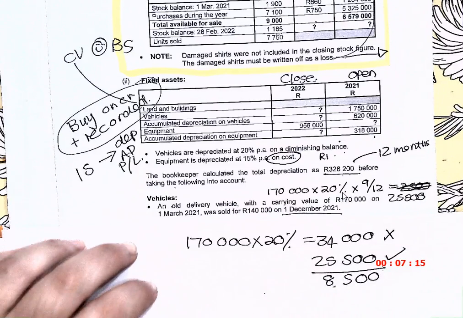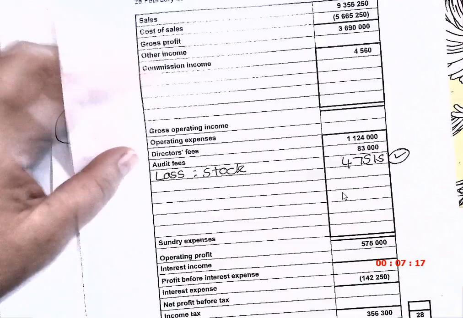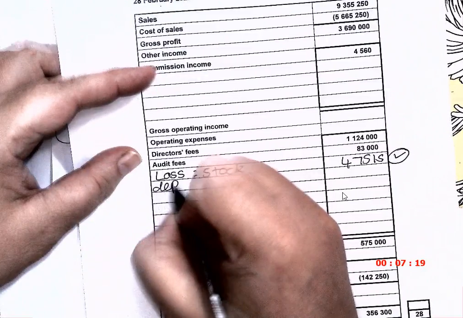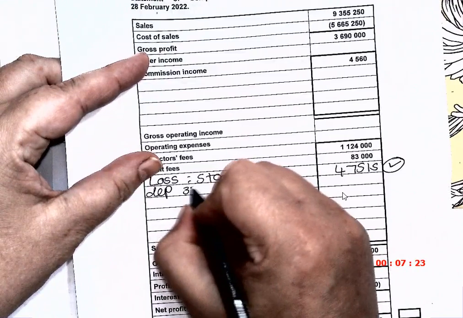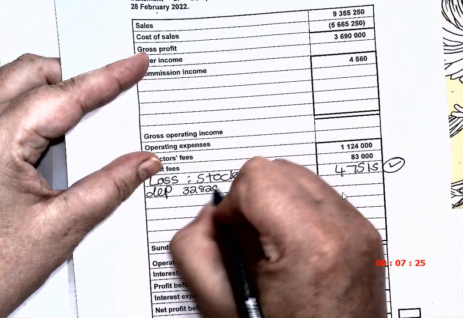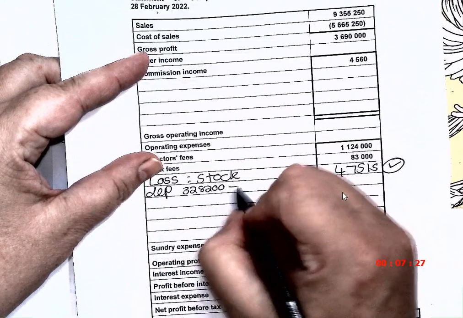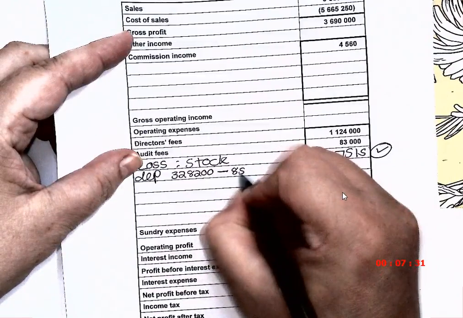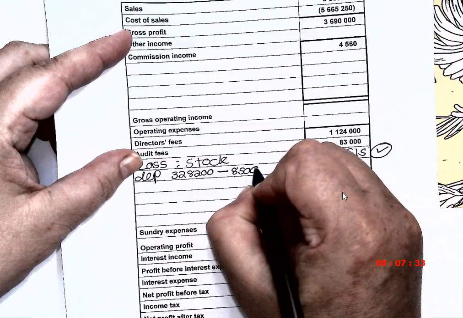So can you see when I go to the depreciation here, the depreciation they give me is 328,200. Right? I need to subtract the 8,500. You understand why? You can also do it like this.